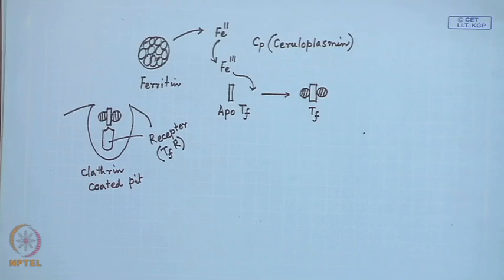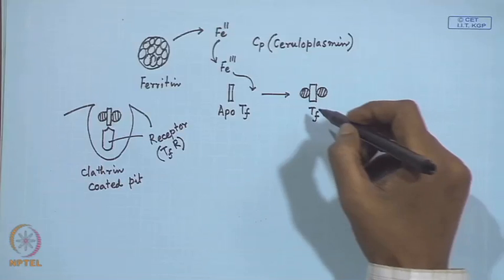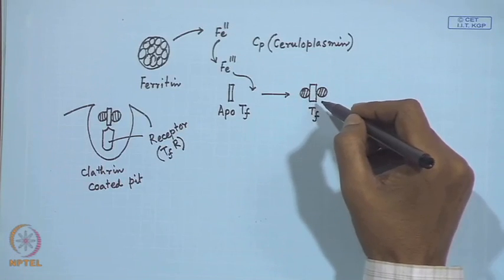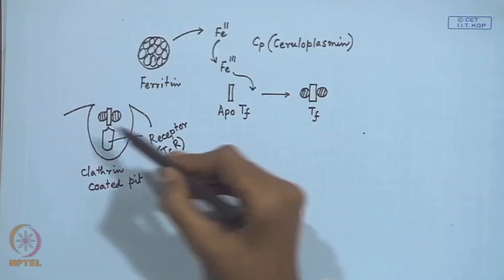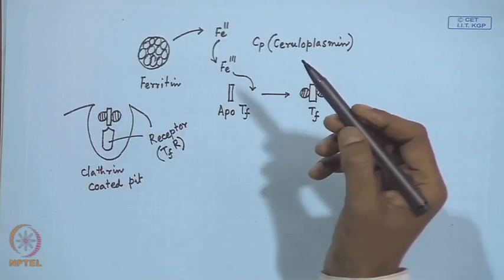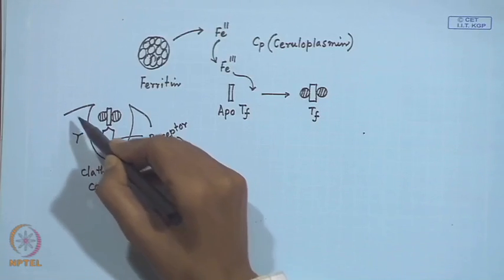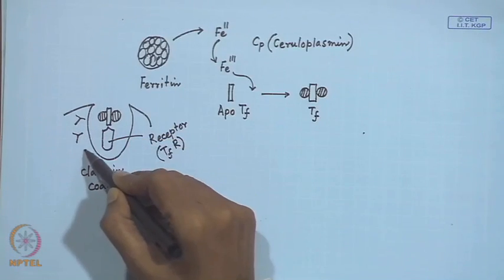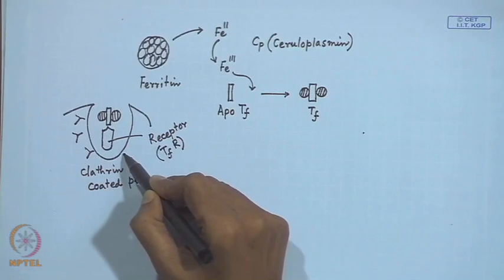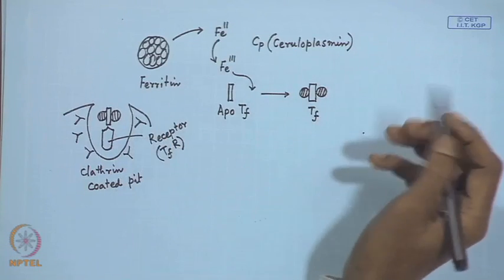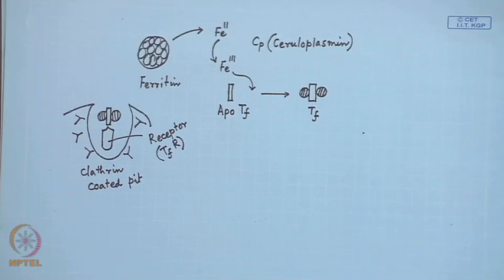So, these receptors are playing some important role, because when this particular apotransferrin molecule is loaded with iron, they are sitting on this particular clathrin coated pit, because the clathrins are there. So, these are some protein type of molecules. These are basically the clathrin, and these clathrins are responsible for closing of this pit and opening of the pit.